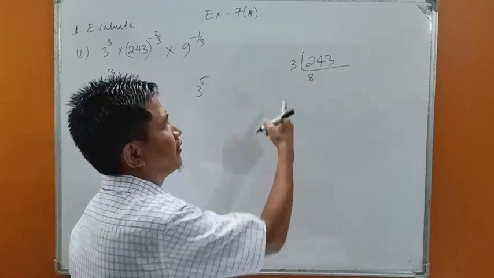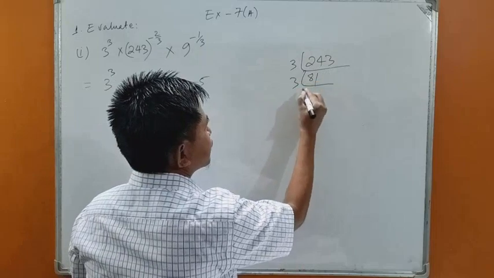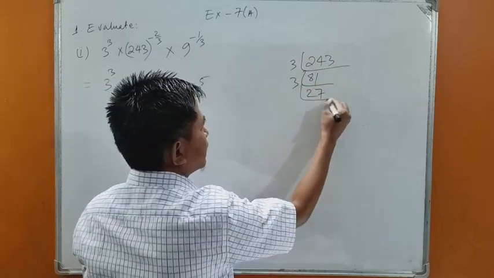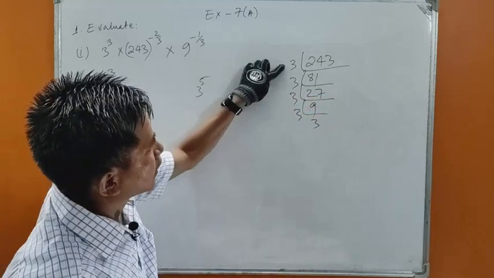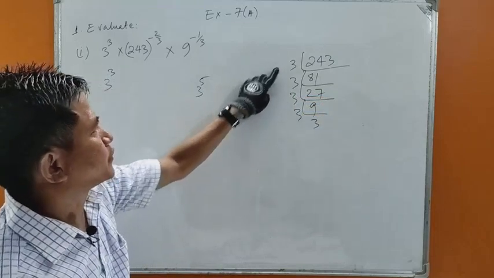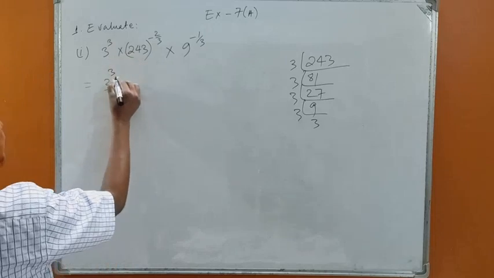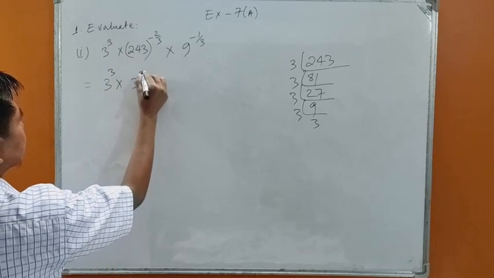You know this very well. 3 8s are 24, 3 1s are 3, 3 2s are 6, 3 7s are 21, 3 9s are 27, 3 3s are 9. So 1, 2, 3, 4, 5. 3 multiplied 5 times means 3 to the power 5. Okay. So 243 can be written as 3 to the power 5.